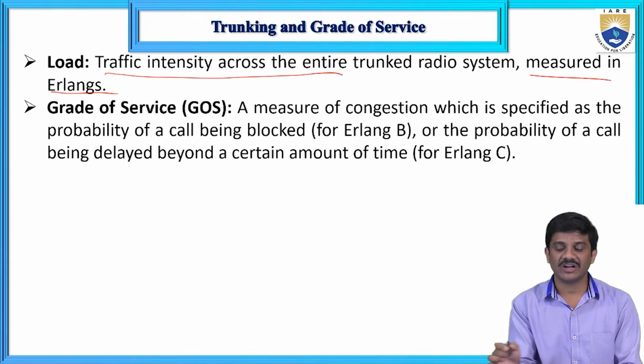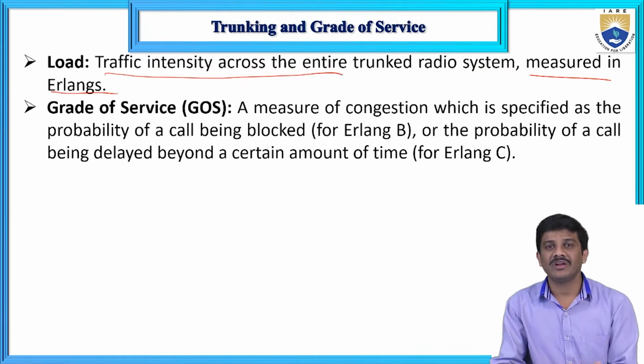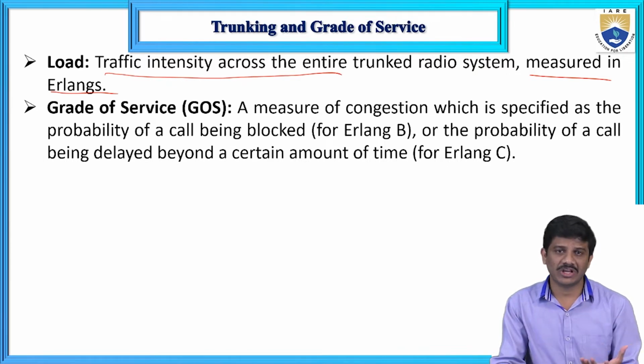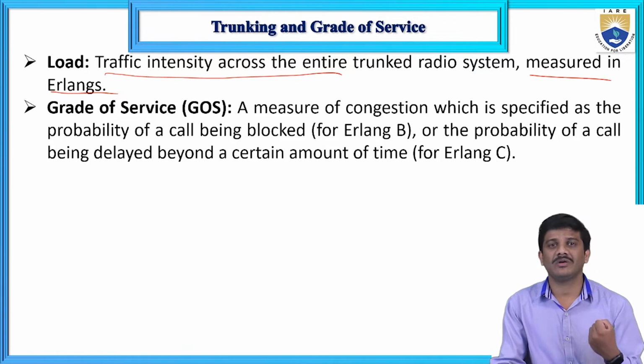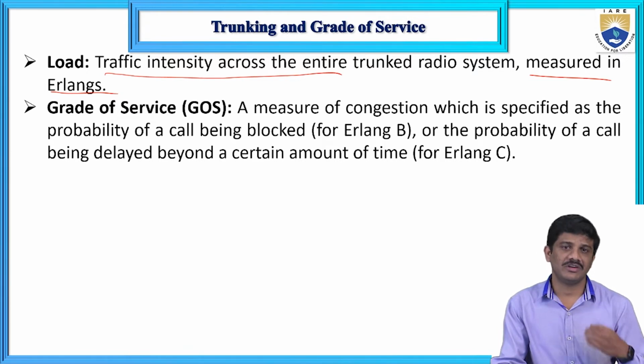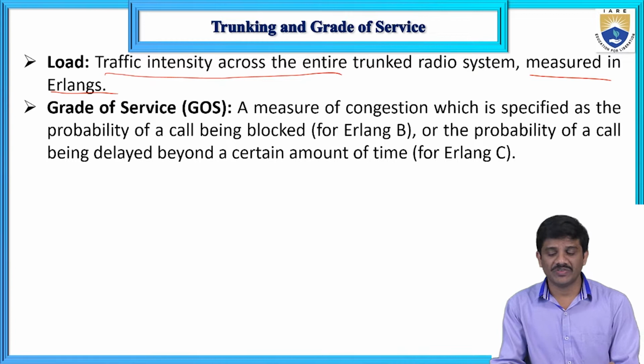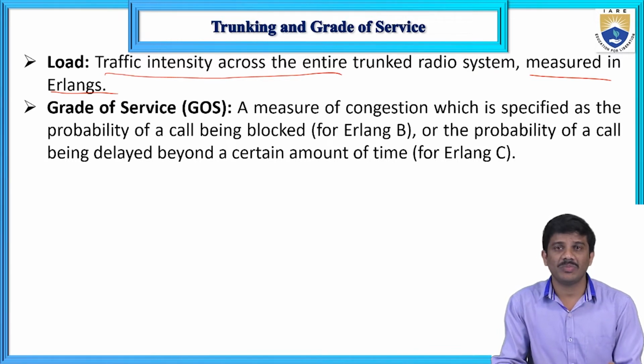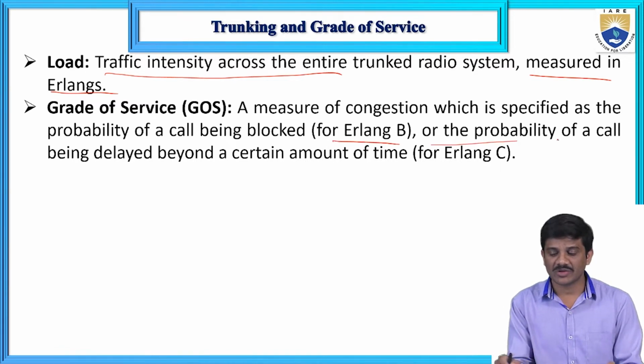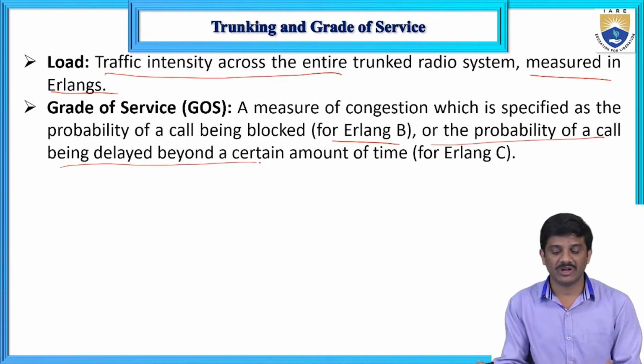The traffic intensity across the entire radio system. Whatever is fed to the radio system, the particular calls, we call the load. Coming to grade of service, a measure of congestion which specifies the probability of a call being blocked for Erlang B, and also the probability of being delayed beyond a certain amount of time for Erlang C.